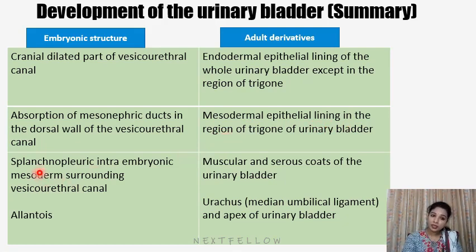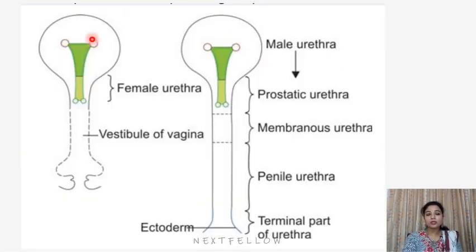The splanchnic intraembryonic mesoderm surrounding the vesicourethral canal forms the muscle and serous coats of the urinary bladder, and the allantois forms the urachus, which is the median umbilical ligament, and the distal part of it forms the apex of the urinary bladder. So that was about the development of the urinary bladder.